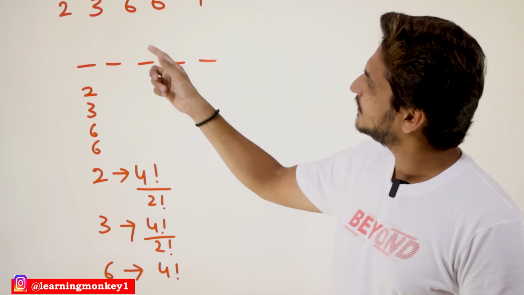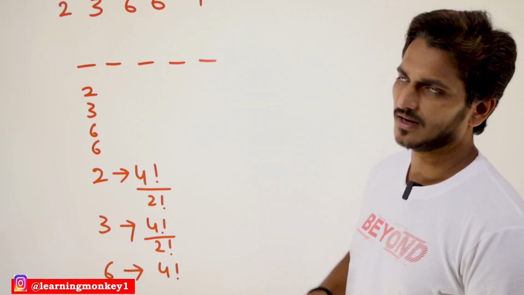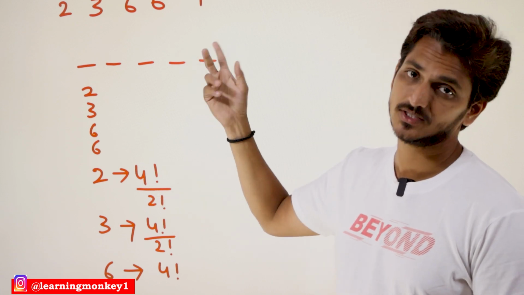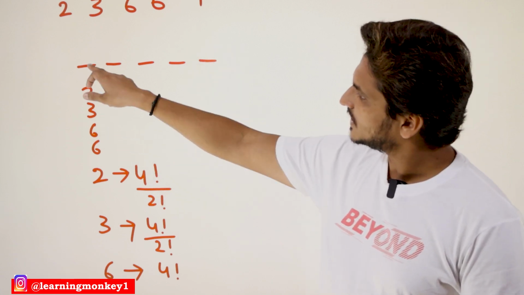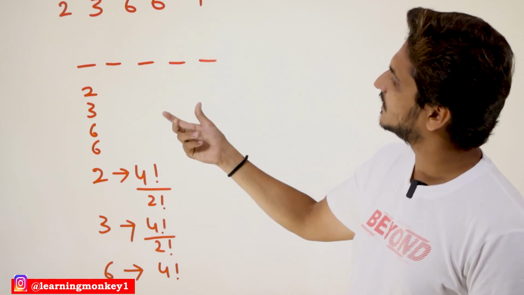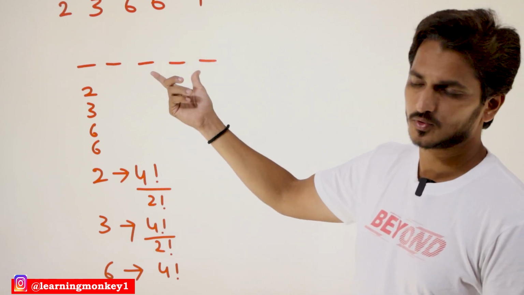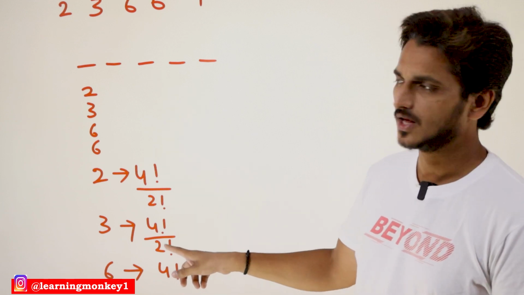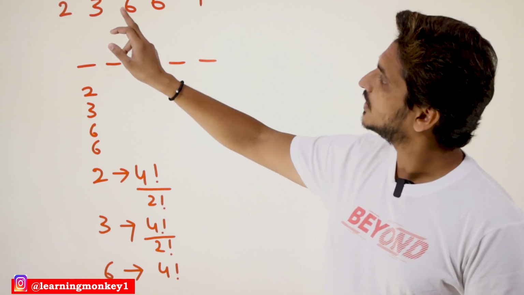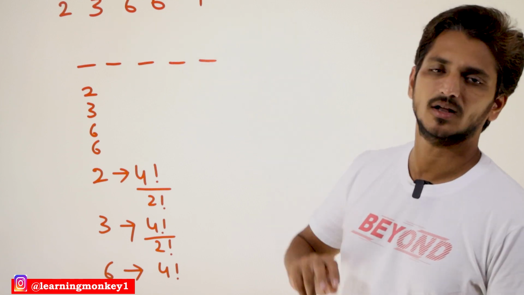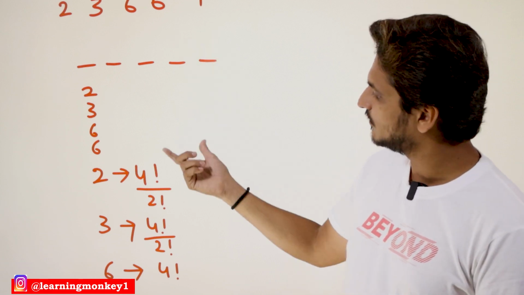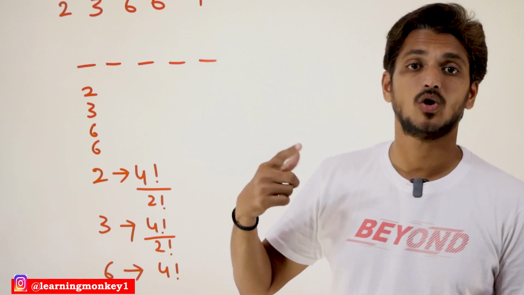If you place 2 here, the remaining 4 positions can be filled with 3, 6, 6, 7. 4 factorial by 2 factorial because 6 is repeated. If you place 3 in this position, then 2, 6, 6, 7, 4 digits can be placed in 4 positions, 4 factorial by 2 factorial. If you place 6 in the first position, the remaining digits are 2, 3, 6, 7. The 4 digits can be filled in 4 positions, but repetition is not there.